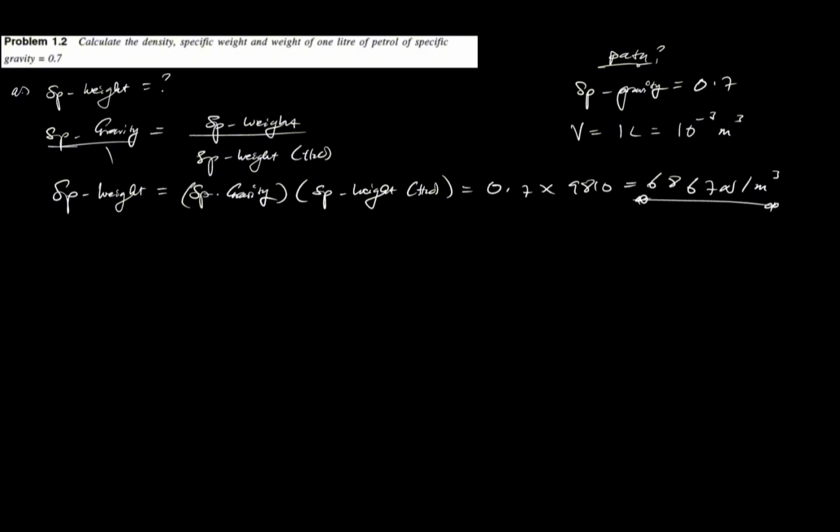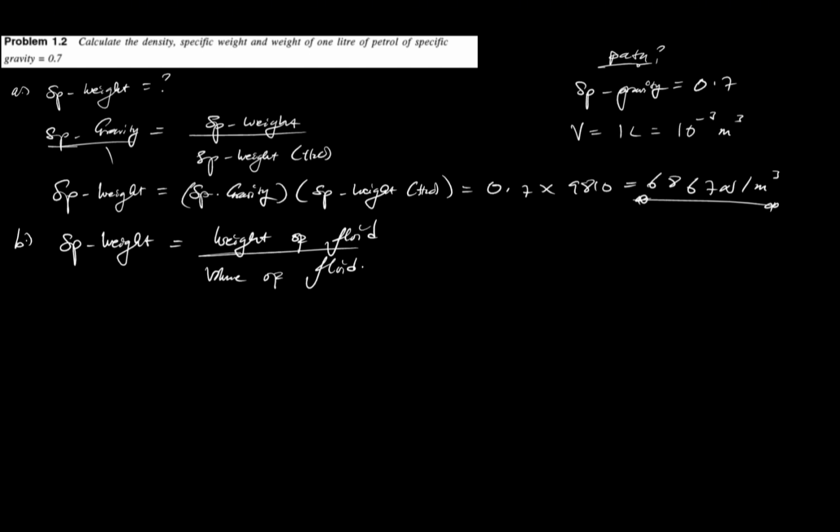With this in mind, we can now find another value. And what is it that we need to find now? Let us find the weight of this particular fluid. Now, we need to understand that the specific weight is equal to the weight of the fluid divided by the volume of the fluid. In our question, we haven't just been asked to find the specific weight, but also the actual weight of the particular fluid.